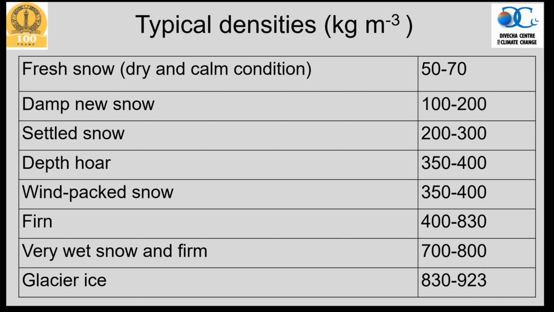Then wind pack, if a very significant wind is taking place in that region, then also it can increase to 350 to 400 kilograms per meter cube. When the snow goes through the process of metamorphism and it is a transition between the snow and ice, then it is known as firn, and also very wet snow and firn can have between 400 to 800 or 830 kilograms per meter cube.